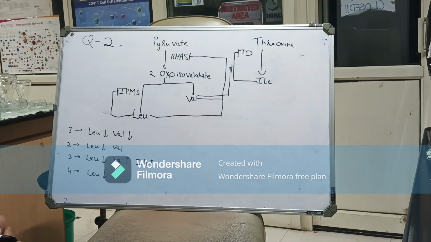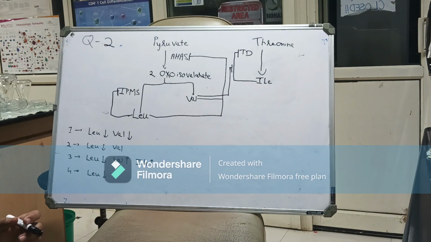From this intermediate compound, another enzyme called IPMS converts it into leucine. Now leucine shows feedback inhibition on two levels. First, it inhibits the action of IPMS, for its own synthesis, after it reaches a certain concentration, and also the first enzyme AHAS when it reaches a certain concentration.